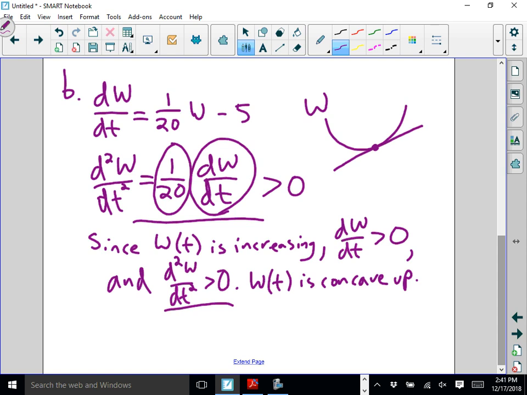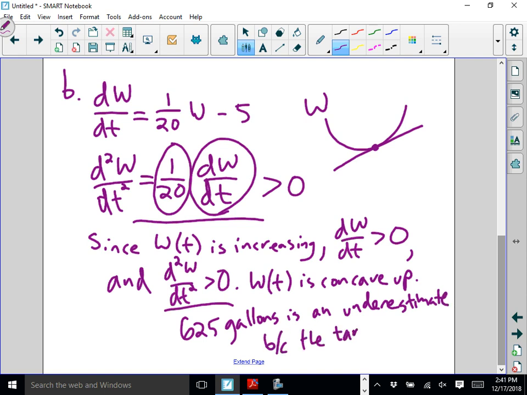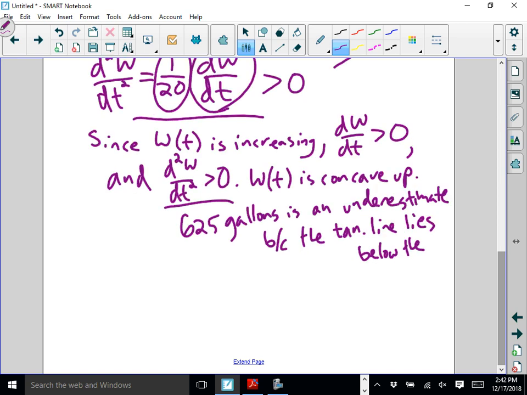So my guess of 625 gallons is an underestimate because the tangent line lies below the curve. And we're done. We answered it fully and completely with good explanations.